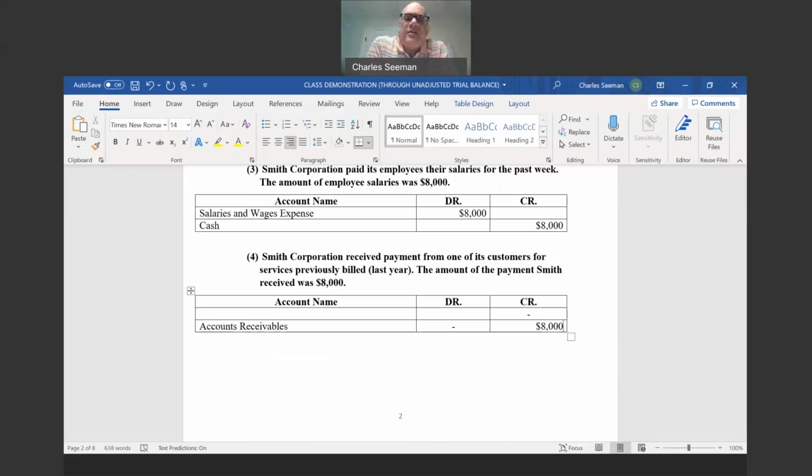And we decrease everything on the left side of the equation by using credit. What did they pay us with? They paid us with cash. So we took it and deposited it in our checking account. That increased the amount of cash, an asset on the left side of the accounting equation. Everything on the left side of the accounting equation is debit increase.